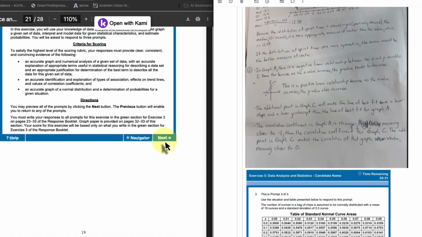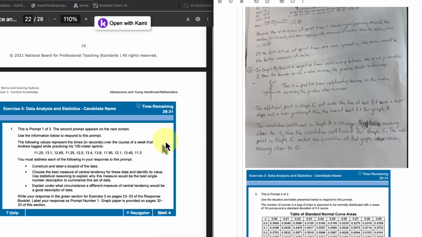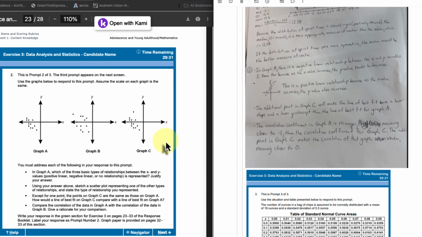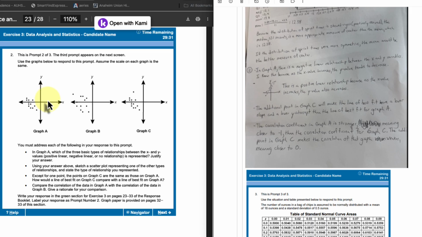Number 2, let's see what we got. Okay, so in number 2 you're given these scatter plots. You must address the following information in the prompt.